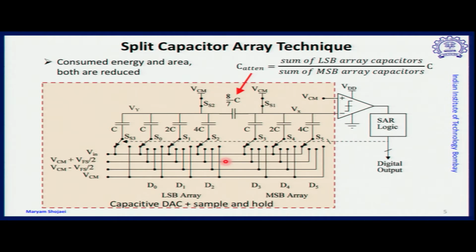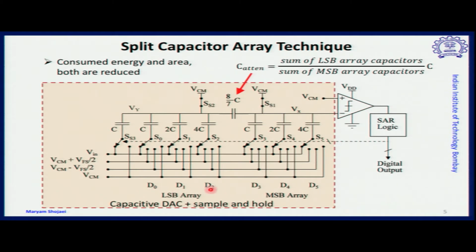For example, in this example, instead of having binary weighted capacitors for a 6-bit ADC, which goes up to 2 to the power 6 C unit, we divide the capacitive array into two parts. One part is for LSB bits, called the LSB array, and one part is for MSB bits, called the MSB array.